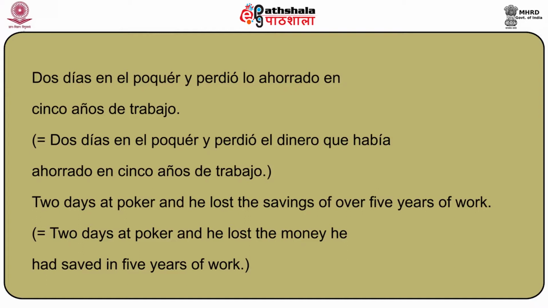The English equivalent is: 2 days at poker and he lost the savings of over 5 years of work. Another way of saying the same is: 2 days at poker and he lost the money he had saved in 5 years of work.